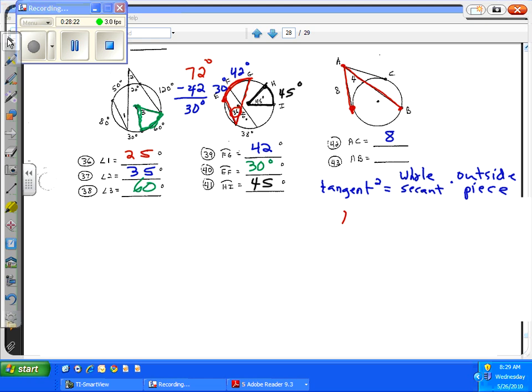So the tangent 8 squared is equal to the whole secant, which we don't know. We don't know this piece from here to here. But we could call that whole thing x, right? AB x.